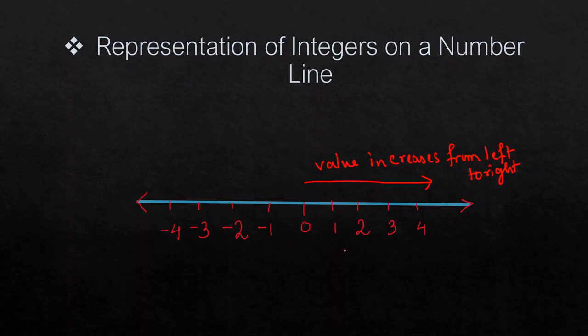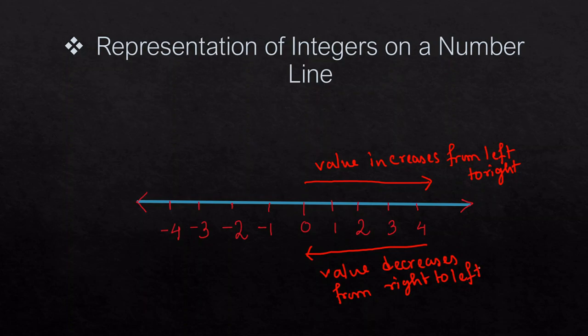Whereas if we go from right to left, the value decreases, like 2 becomes 1, then becomes 0. So the value decreases from right to left. This is true for this portion also.